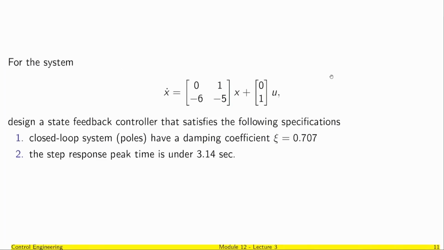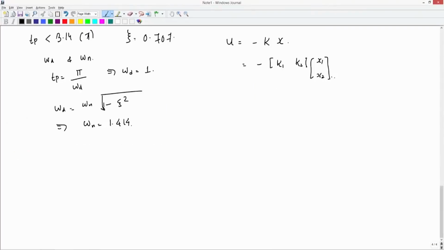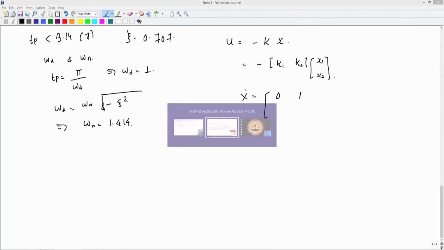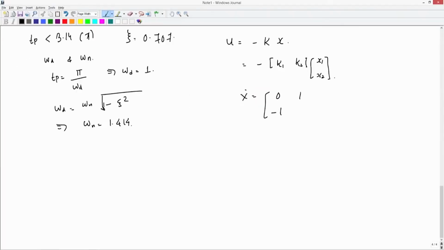Now, what is the original system? Original system is of the form x dot is [0, 1; -6, -5] x plus [0; 1] times u, okay.